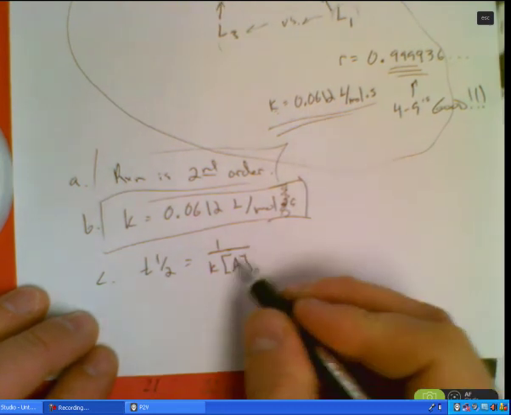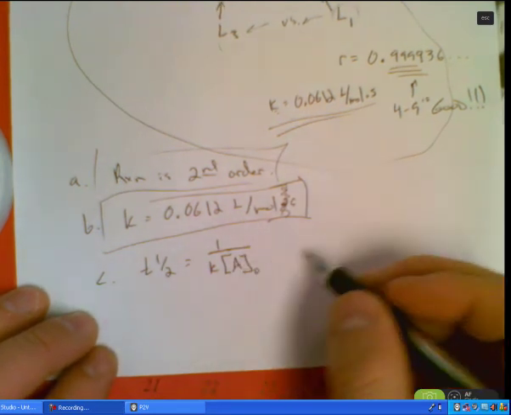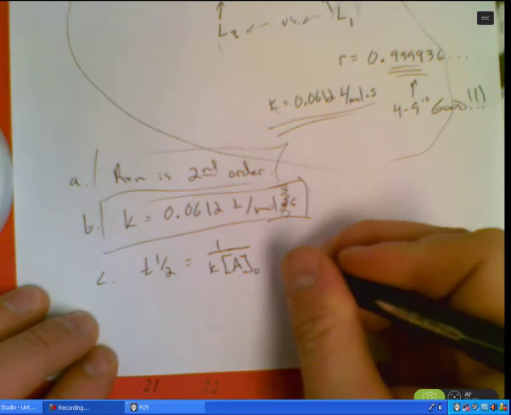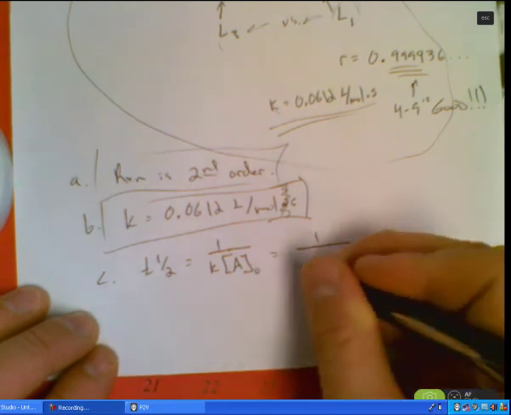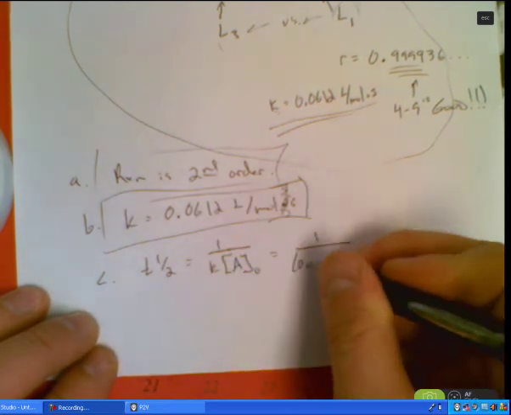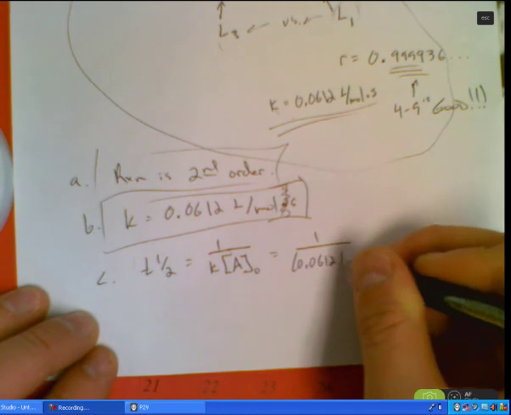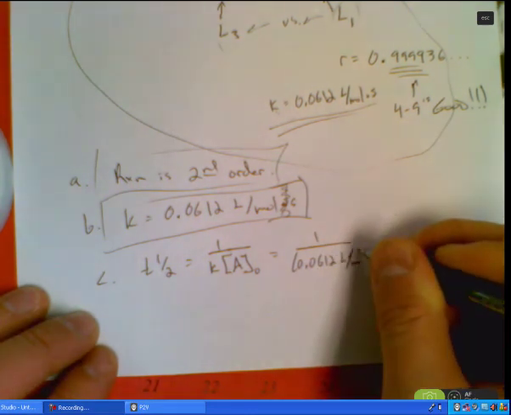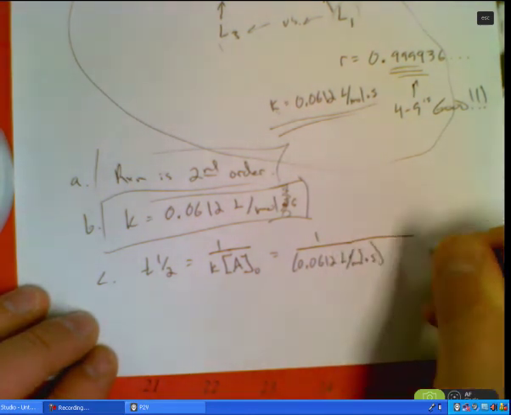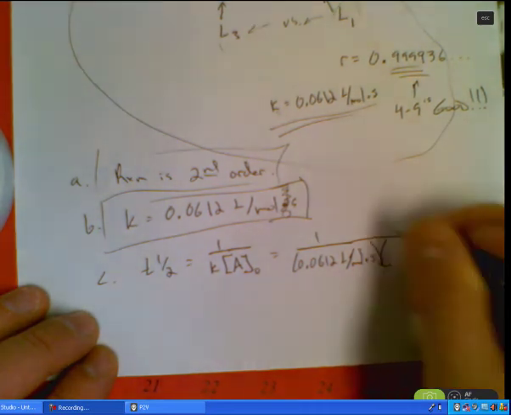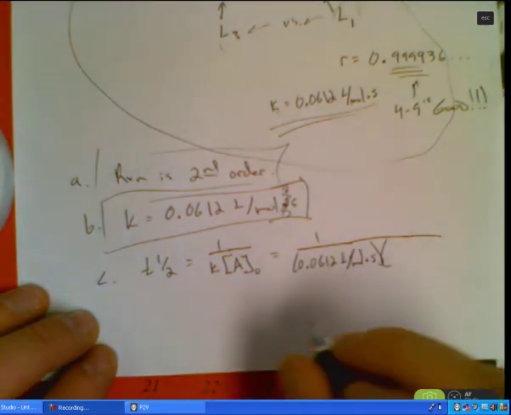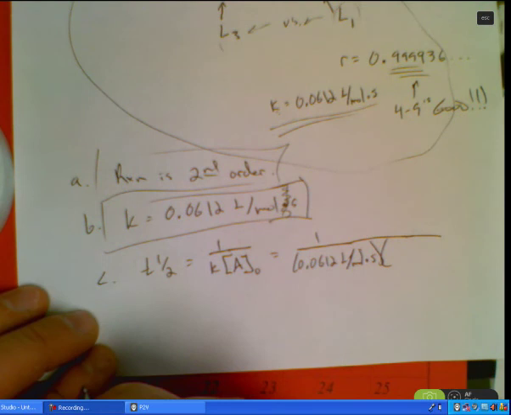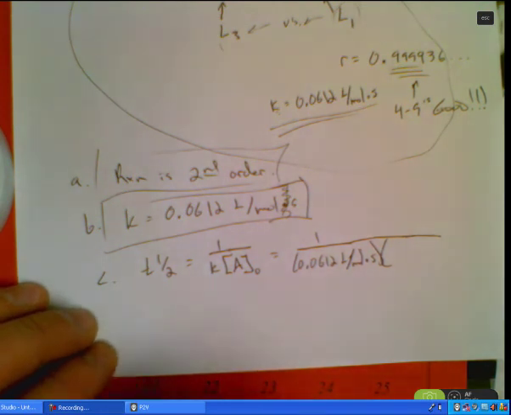This is the concentration of butadiene, C4H6 if you want to plug that in instead, which equals 1 over our K value, it's right here, 0.0612 liters per mole times second, times the concentration at time 0, initial time.